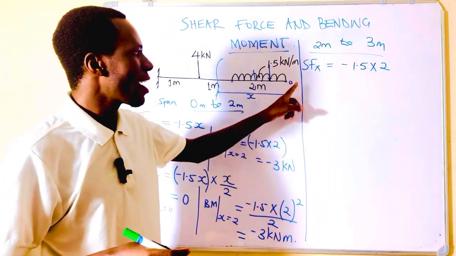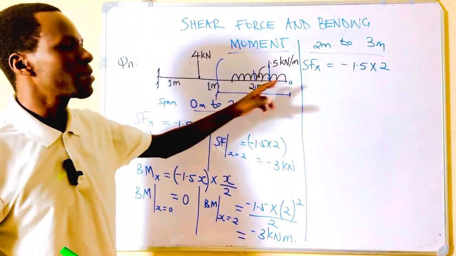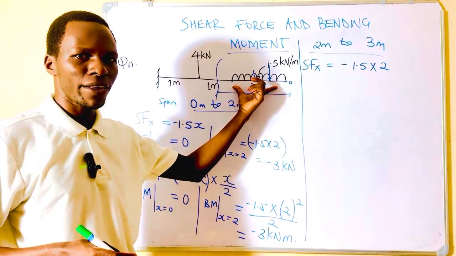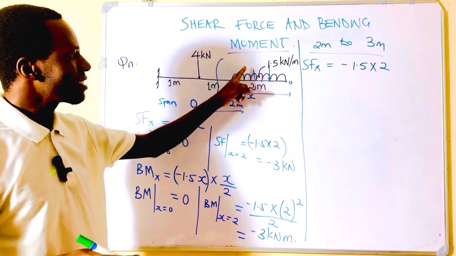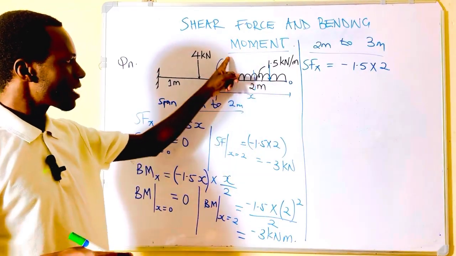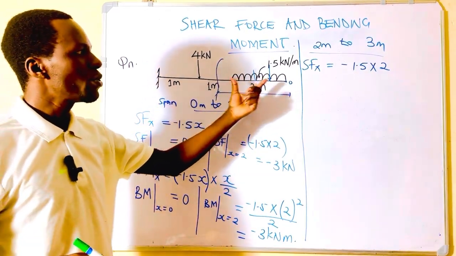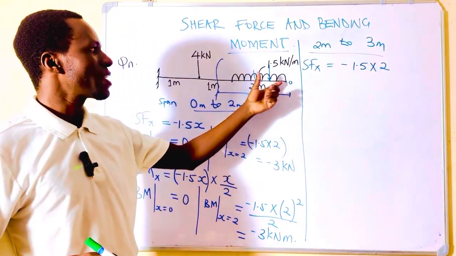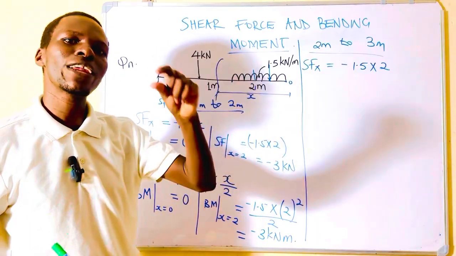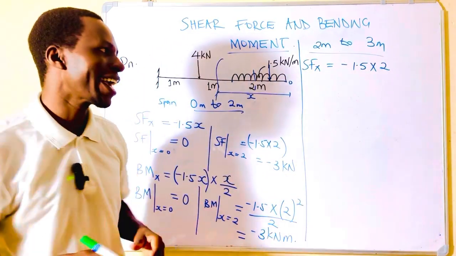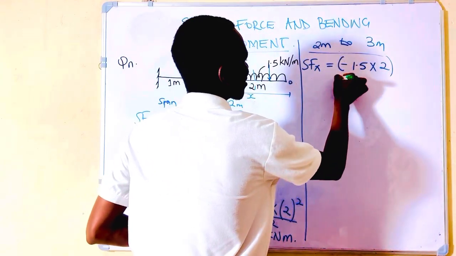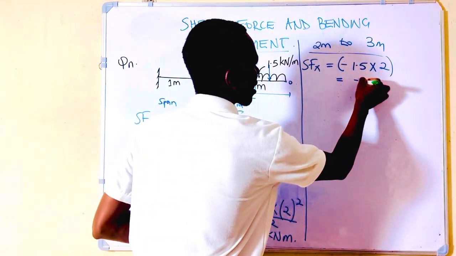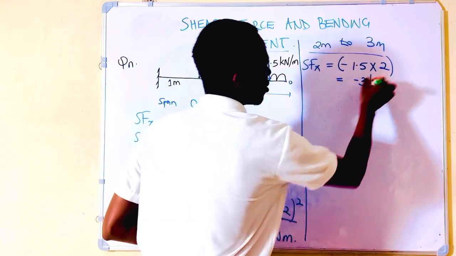I am just multiplying a UDL value times the span in which it is covering. Why am I not multiplying by x? Because this is not being cut from here. It is cut from outside the UDL. So you only multiply by x when it's being cut within the UDL. That is for the case of shear force. I believe you have got that point. So this answer will still come to negative 3 kilonewton.